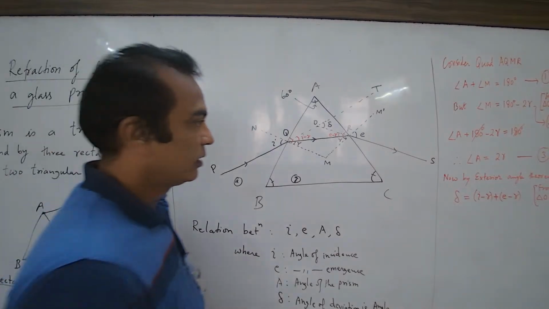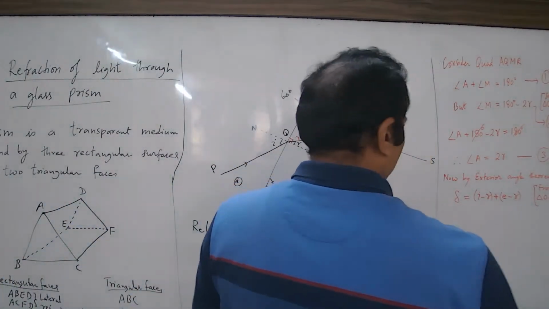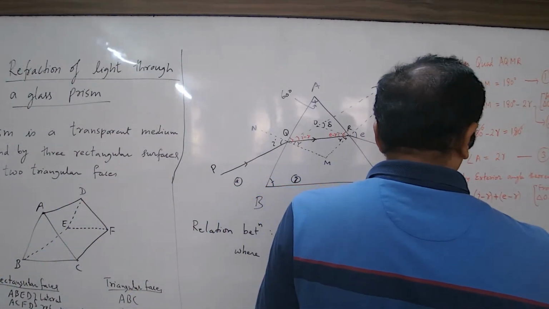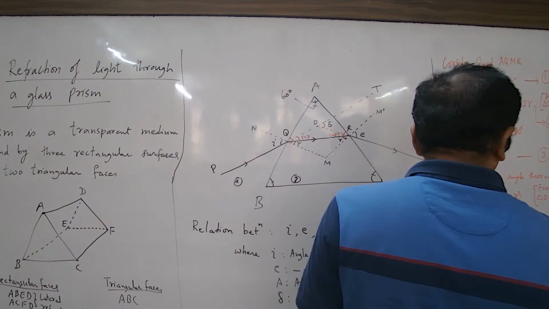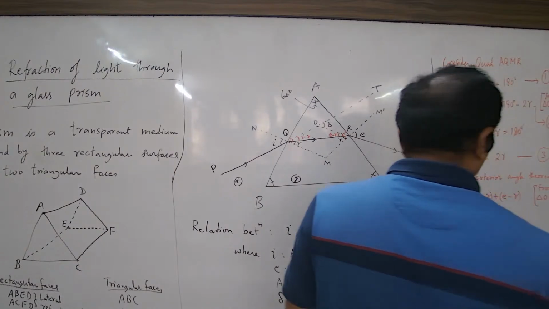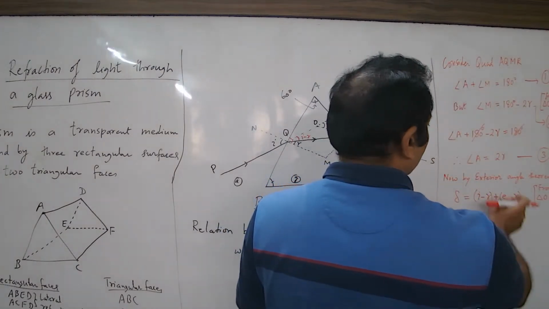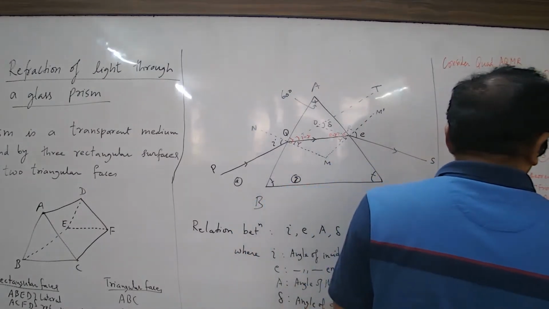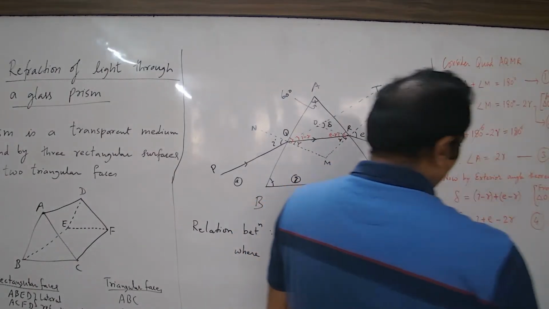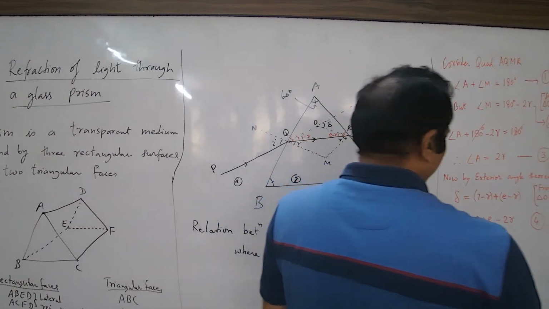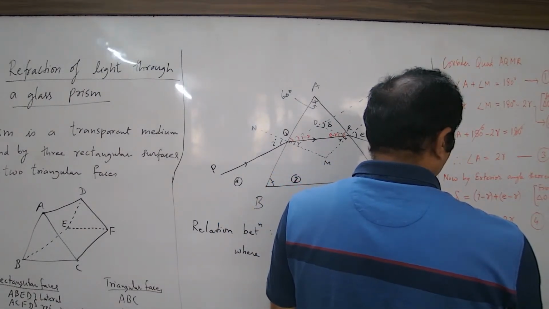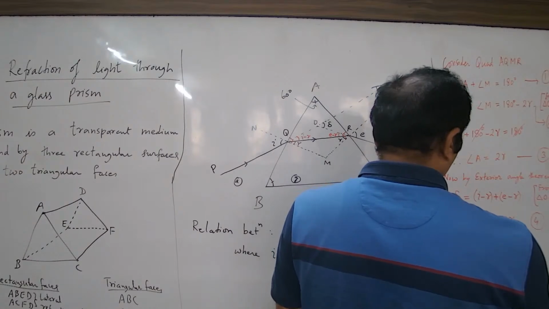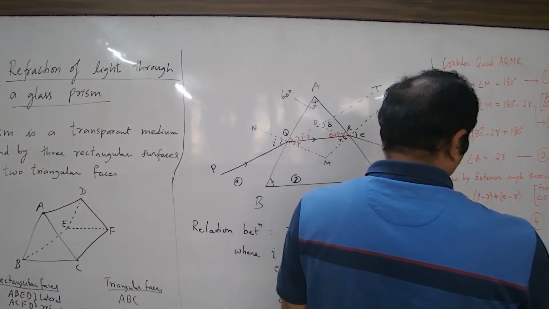Okay. Now, so simplify. Therefore, deviation is equal to I plus E minus 2R. But what is 2R? A. So I am just removing the angle, I am just writing A now. Okay. So by 3 in 4, what do we get?